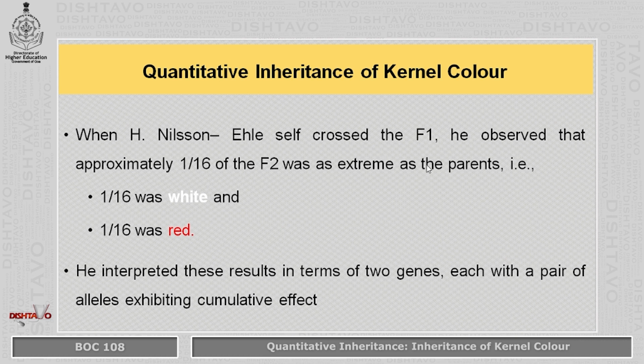When the darkest red and the white were crossed, Nilsson L. observed that the F1 was all intermediate red, and in the F2, 1/16th was completely white and 1/16th was the dark red, which was like the parents. He interpreted these results in terms of two genes, A and B, each with a pair of alleles exhibiting cumulative effect.